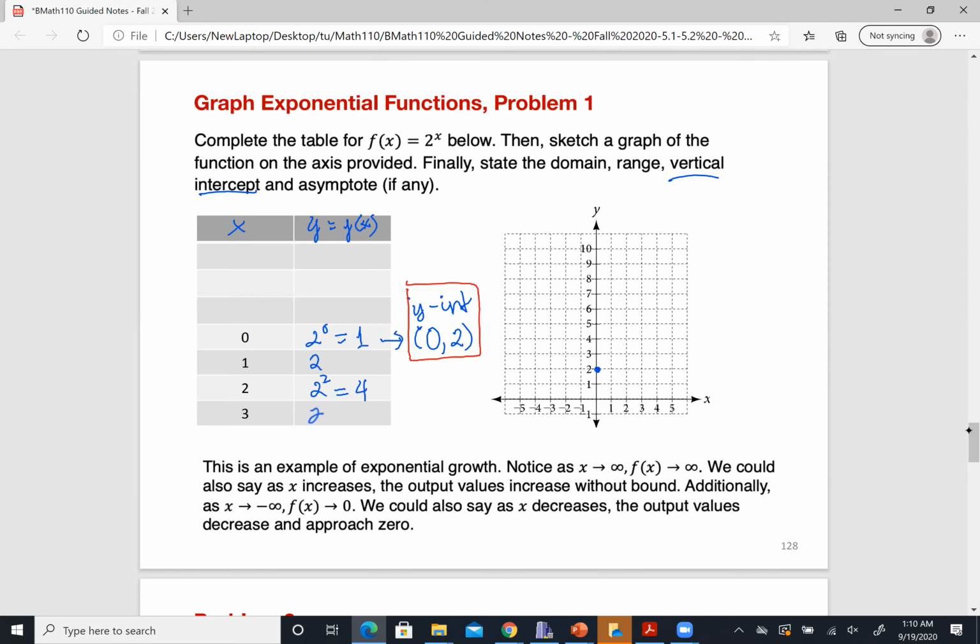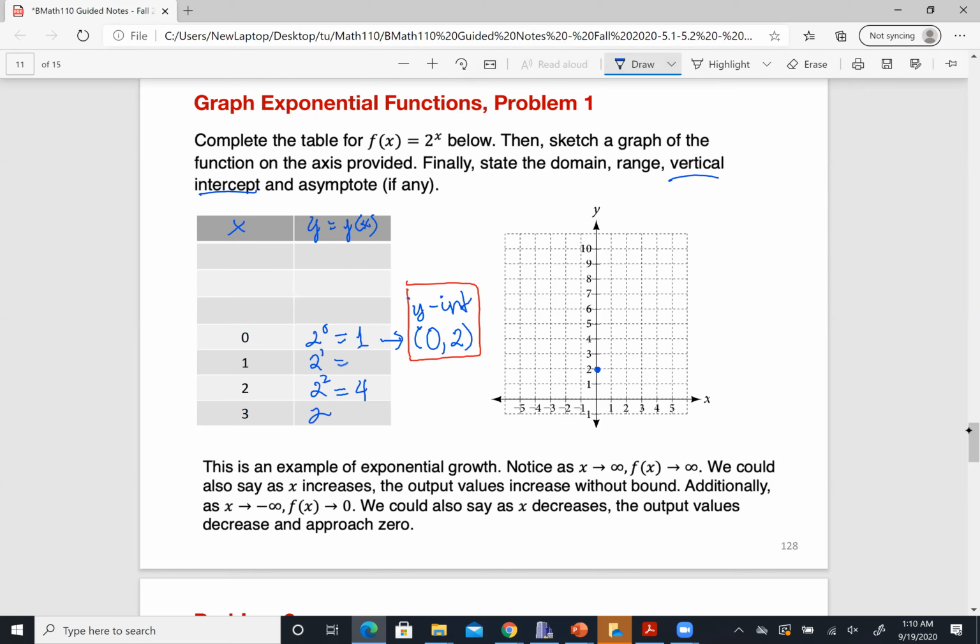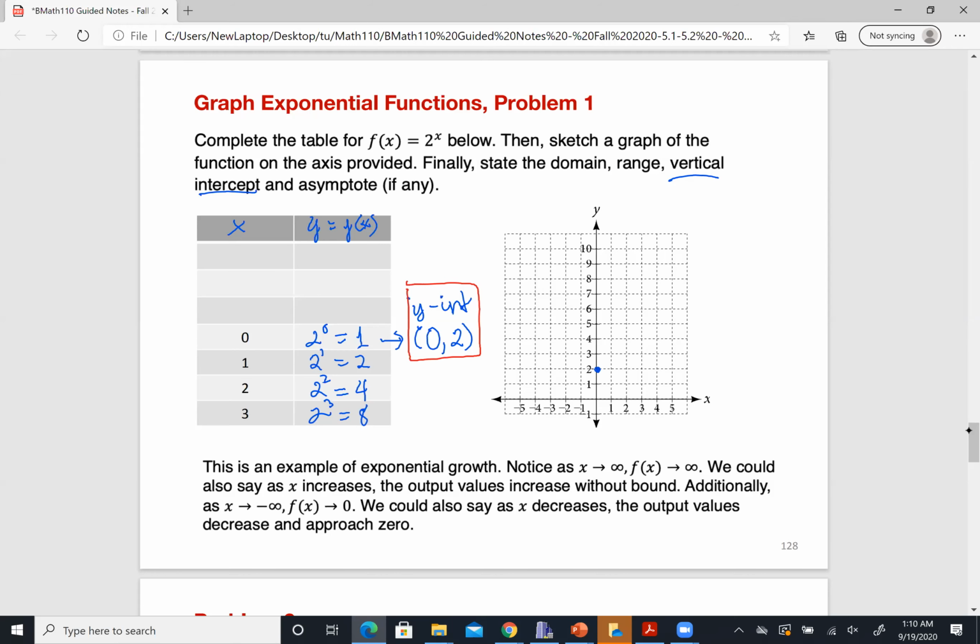And 2 to the power 3 is equal to 4 times 2, which is 8, right? So I have some ordered pairs: 1, 2; 2, 4; and then 3, 8. Okay, so let's coordinate it.